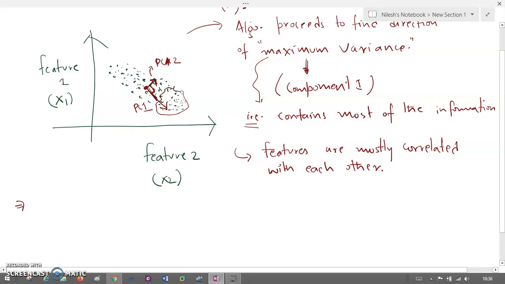It will find the other direction where data contains the most information, but it will find the direction in such a way that it becomes orthogonal to the first direction, and you can see that right here.